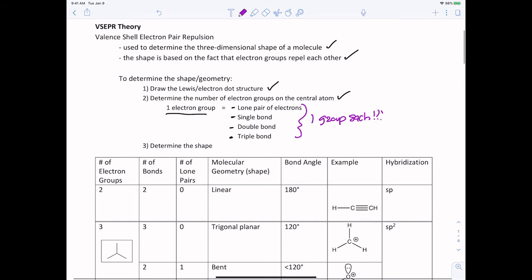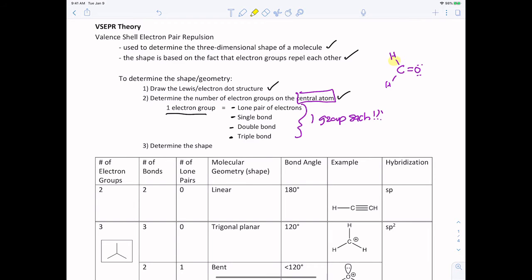So if I was to draw, let's actually do this one we did earlier. And we're looking at the central atom. Yeah, I do, on the central atom. So I'm just looking at carbon, the one in the middle.